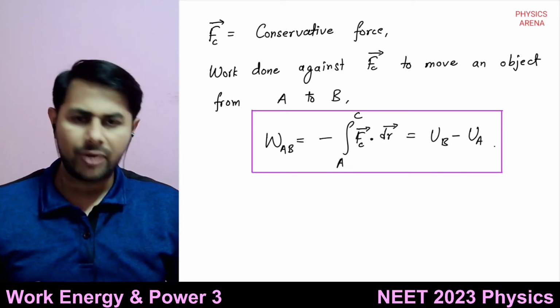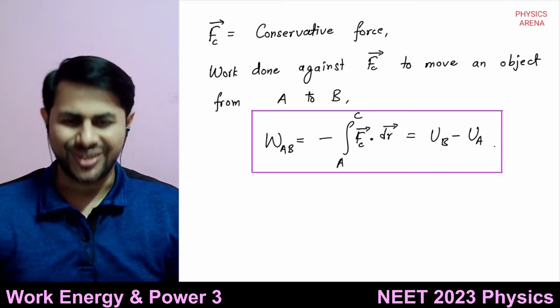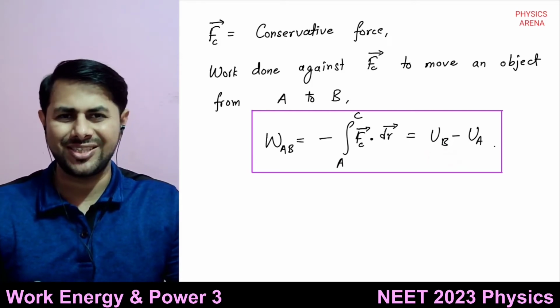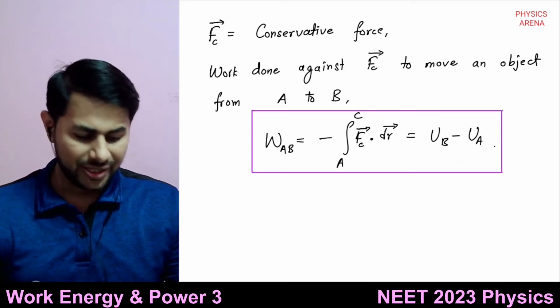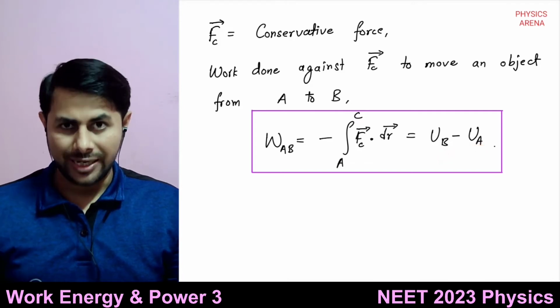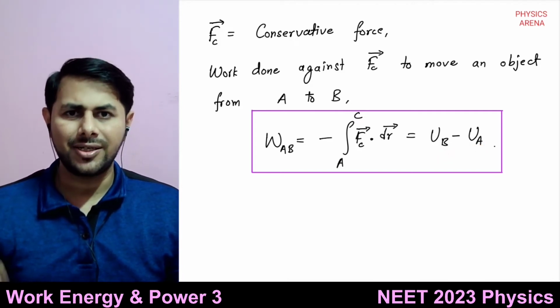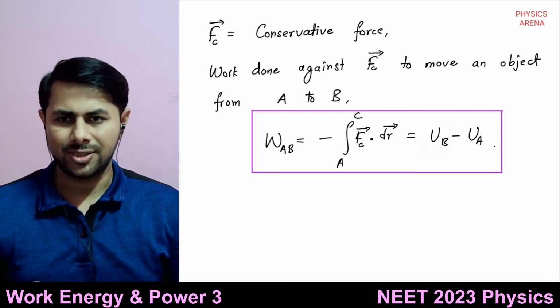So how are we convinced that we can define this potential energy? Because work done does not depend upon the path followed. It only depends on the initial point and final point. So that means we'll get a unique function, which is known as the potential energy.